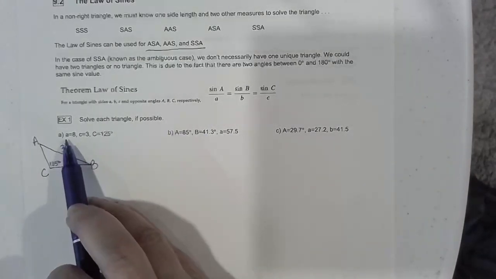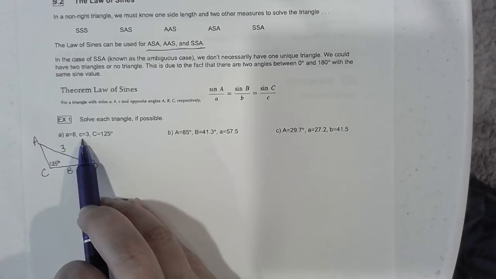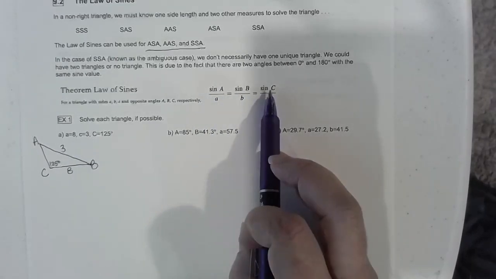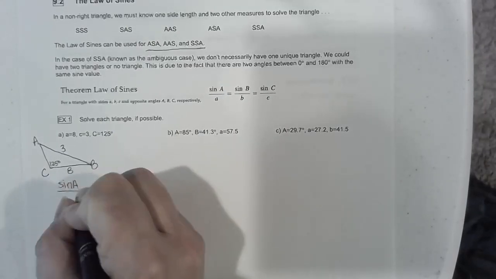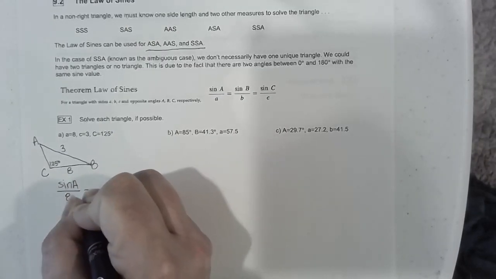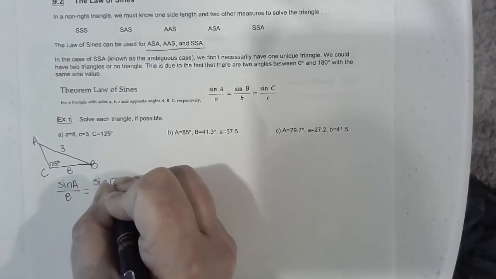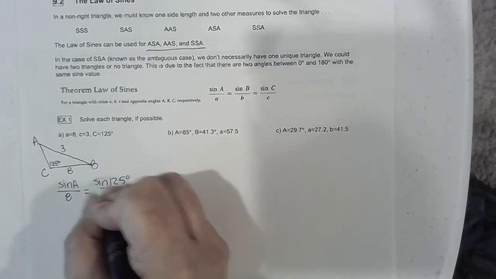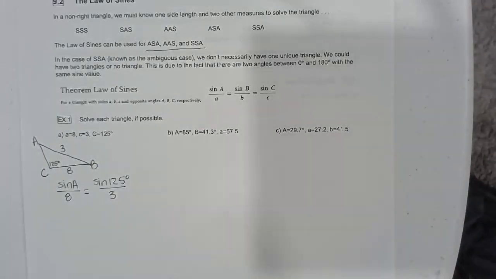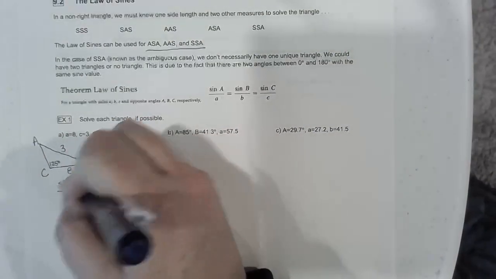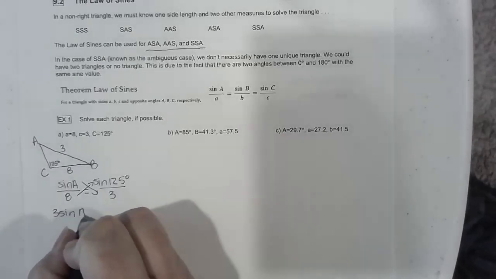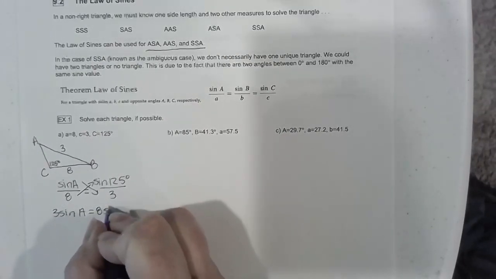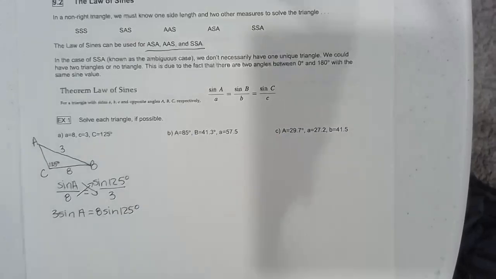In this case, because we have side A and side C, then I have to use angle A and angle C. So I set this up: sine of angle A over side A equals sine of angle C over side C. And when I use law of sines, I cross multiply to solve. So 3 times the sine of A is going to equal 8 times the sine of 125 degrees.